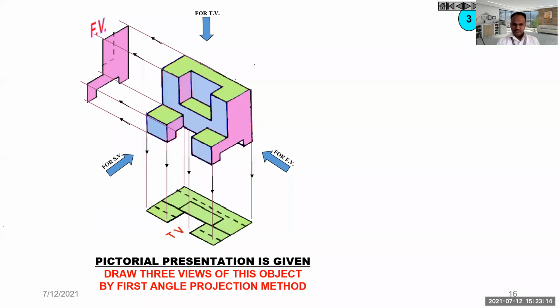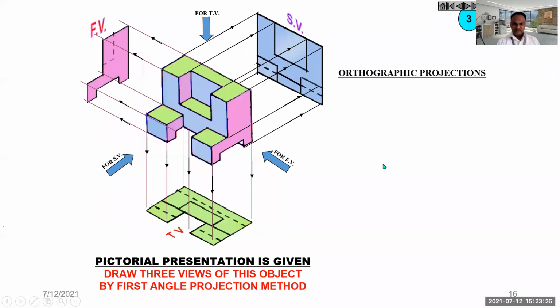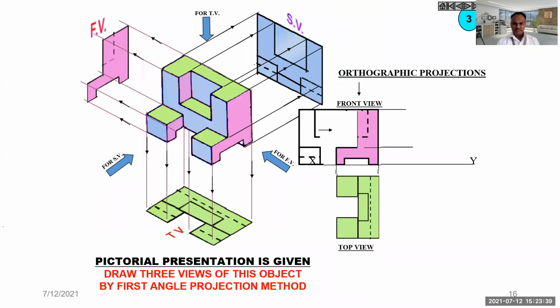Then in the side view, you will see this and this edge is shown as a dotted line. Okay, so you can draw the diagram like this. This is the front view, this is the top view, and this is the side view of this particular object.